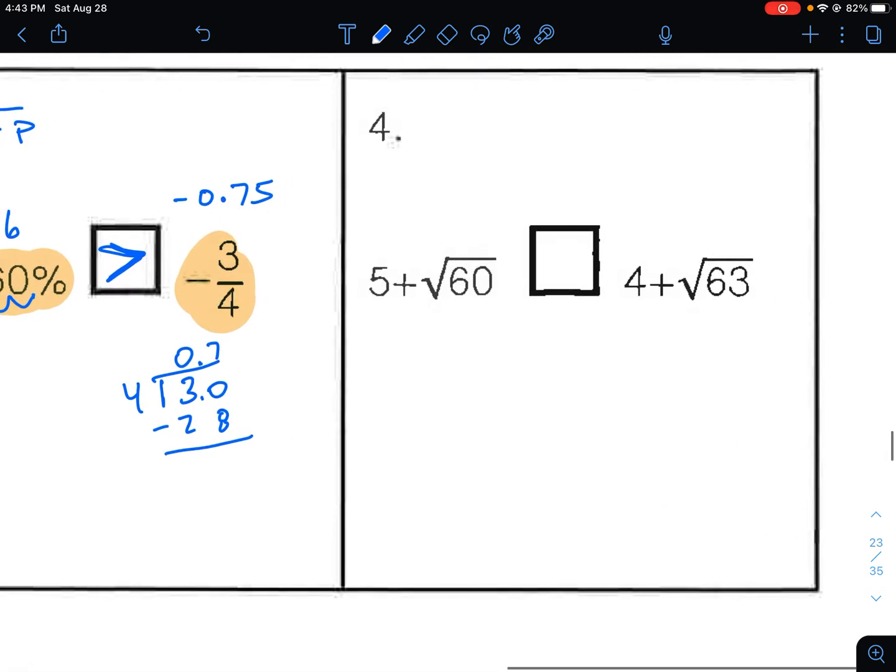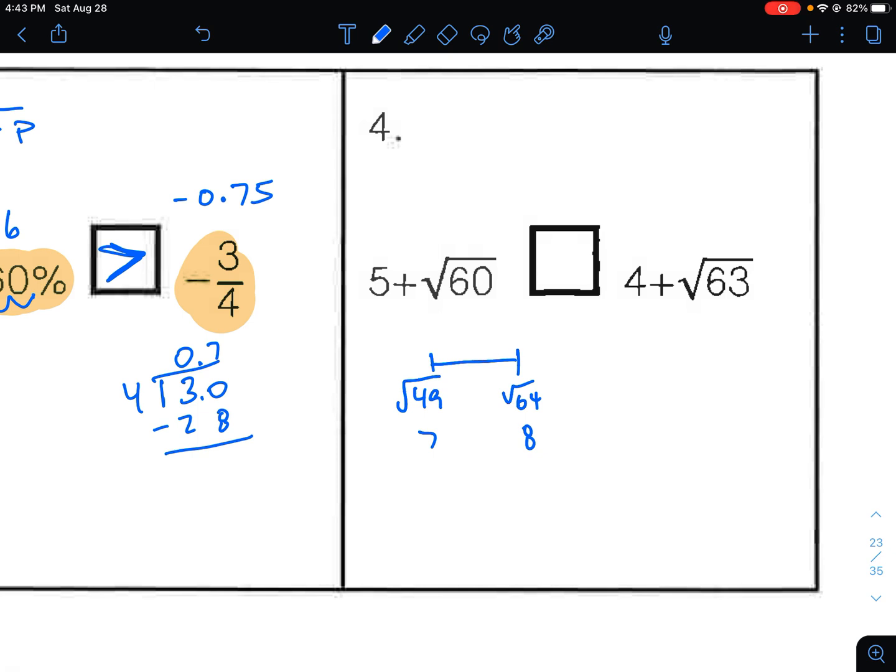Finally, last one, 5 plus radical 60, and then 4 plus radical 63. What is radical 60? Well, let's see, 8 times 8 is 64. So you've got 64 on one side, and that's 8. And 7 would be on the other side, and that would be 49.